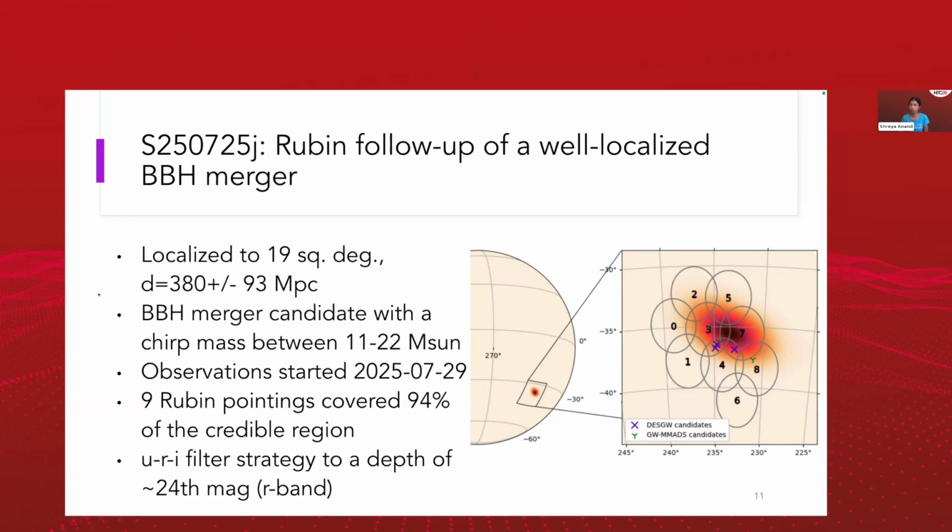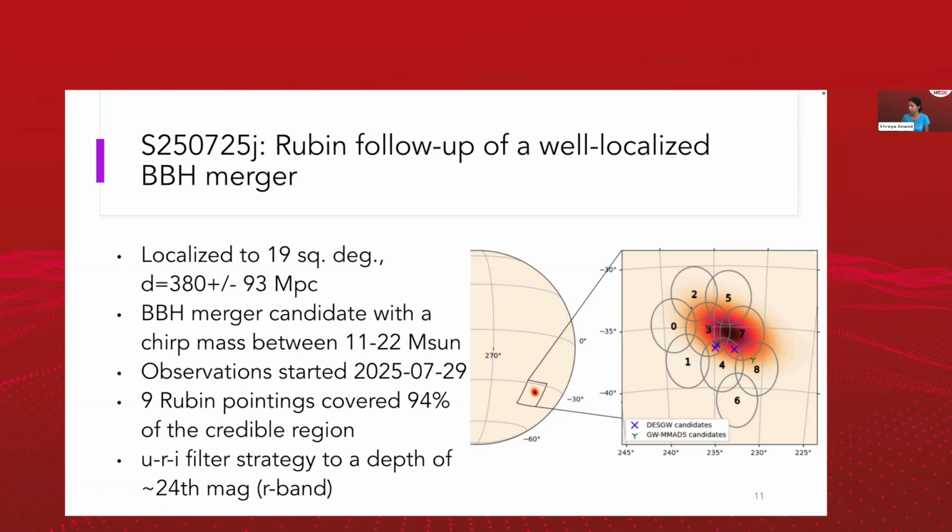The second follow-up that we performed was that of S250725J, a binary black hole merger candidate. This was a candidate that was extremely well localized, so therefore passing our nominal automated triggering criteria. It was at a distance of 380 megaparsecs, and we started observations 4 days after the merger and took 9 Rubin pointings that covered 94% of the credible region.